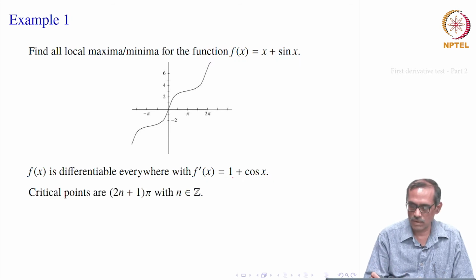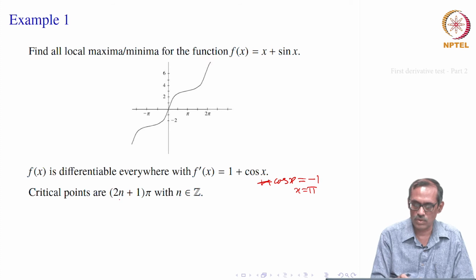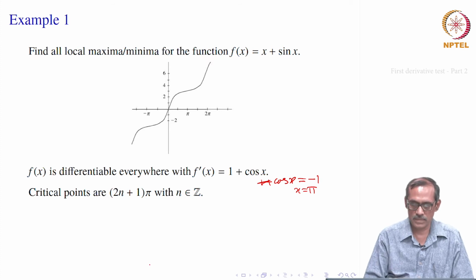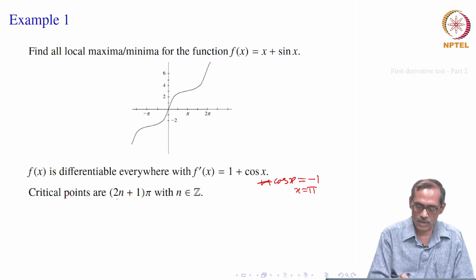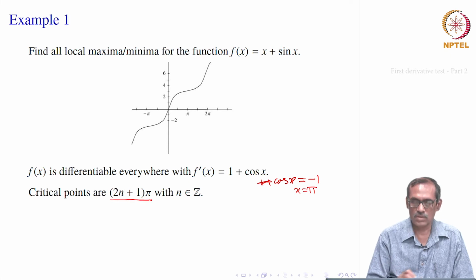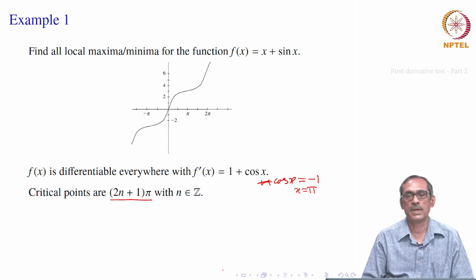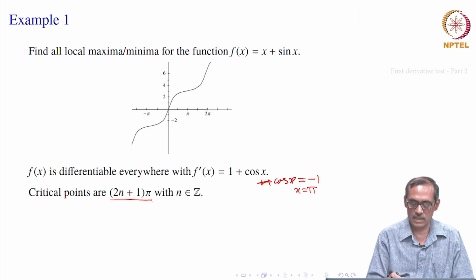So, when is it 0? 1 + cos x = 0 means cos x = -1. So, the first solution is x = pi, but due to periodicity there will be 2n pi added to it. So, all our critical points are (2n+1) pi for n belonging to Z, that is n is an integer.